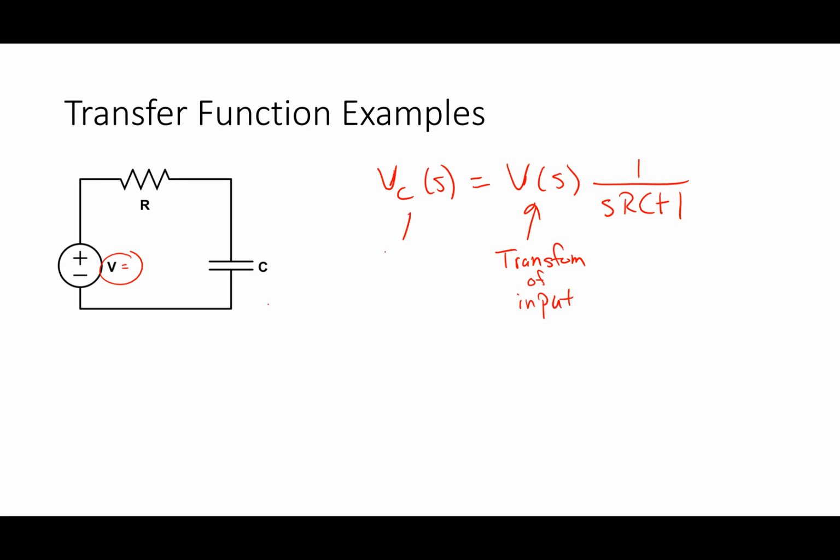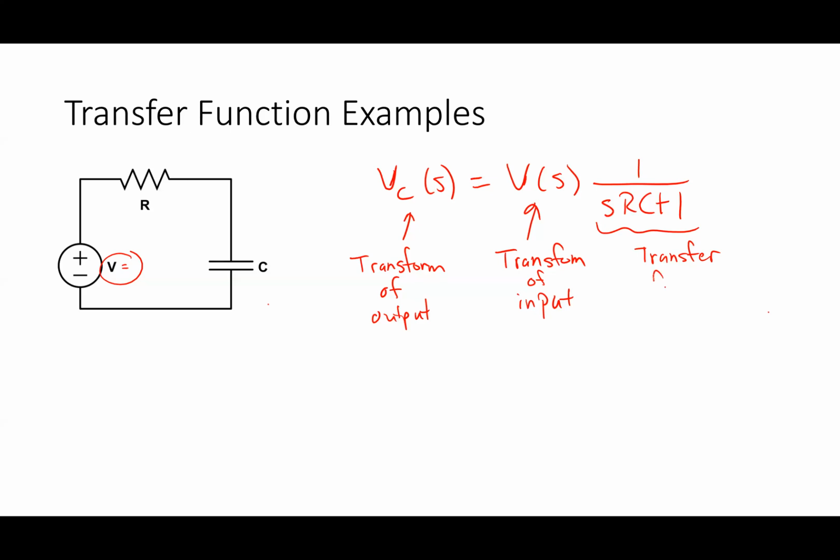This V sub C of S is the transform of the output. It's the thing that I'm solving for, the voltage across the capacitor. And if I want to figure out what V sub C of T is, I take the inverse Laplace transform of that result.